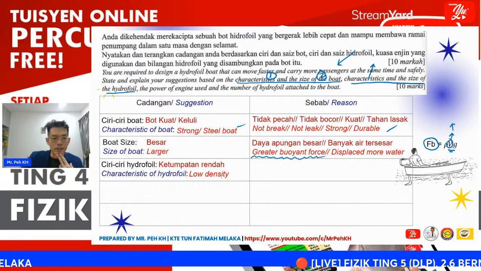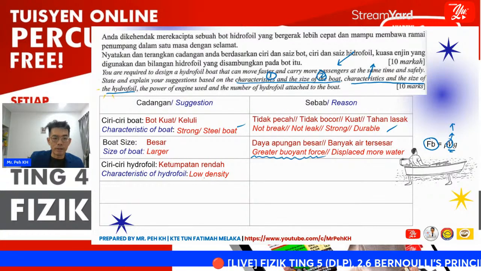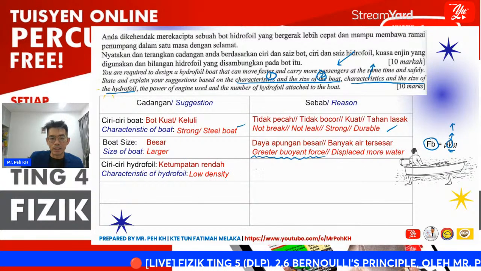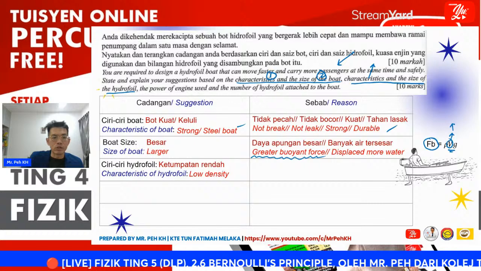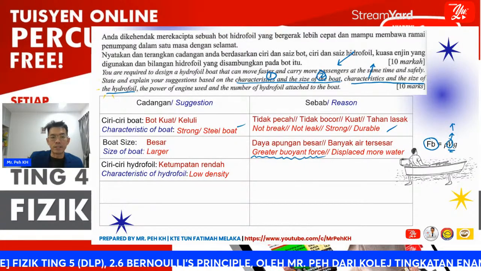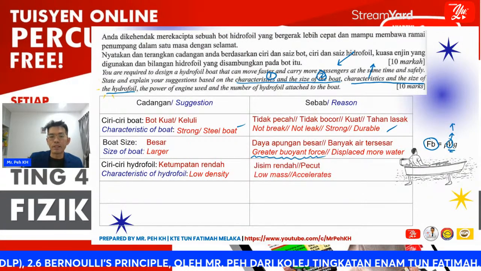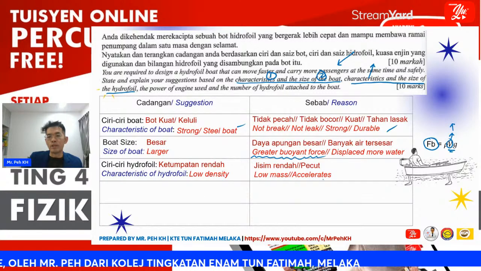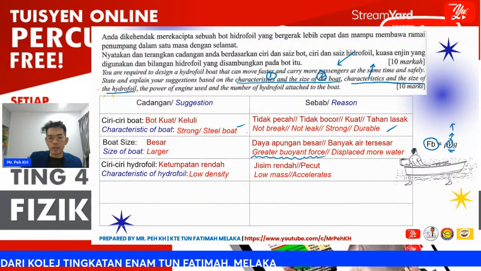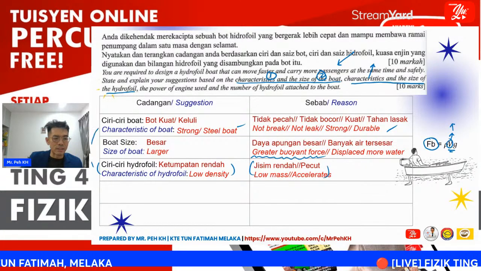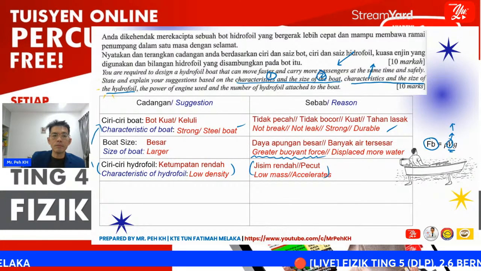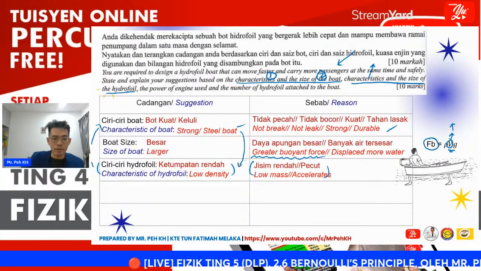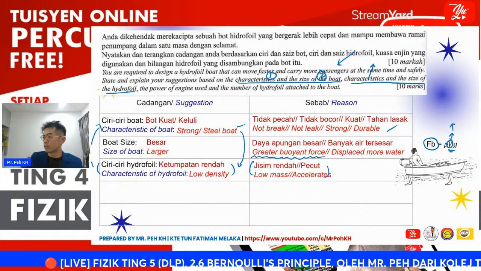Here I show another characteristic, where we can use low density. The characteristic of the boat can also be low density. The reason is the same: with a lower mass, the boat will accelerate more easily. So the characteristic of the boat can also be applied for the characteristic of the hydrofoil in this question.